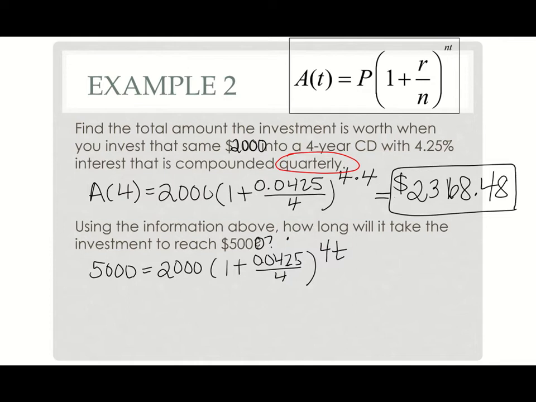So we have to get our exponential by itself. To do that, we start by dividing by 2,000.